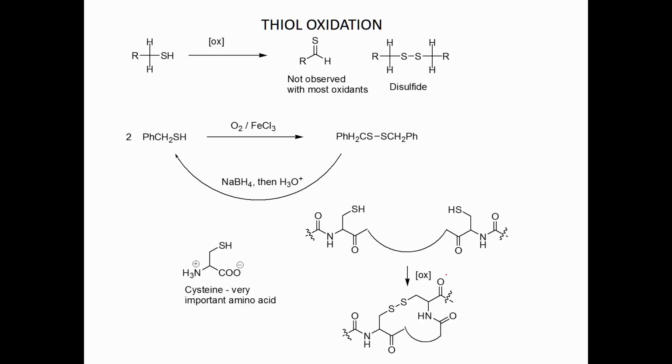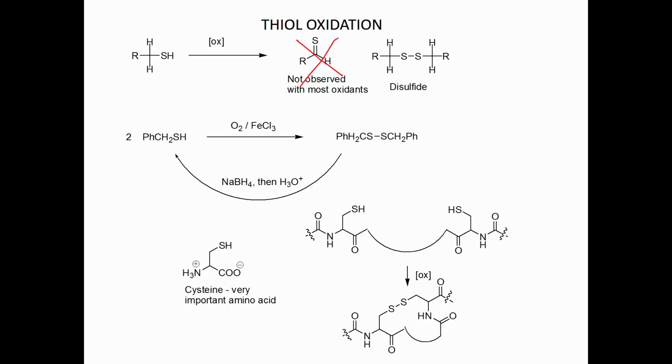Okay, all right. Oxidation is a very interesting reaction of thiols. They don't oxidize the way alcohols do. You don't make the sulfur analog of an aldehyde with most oxidants.